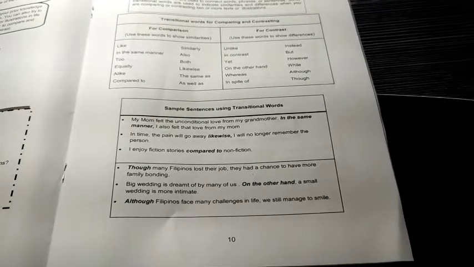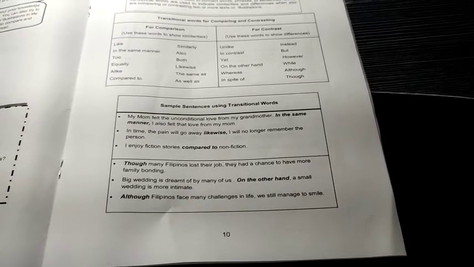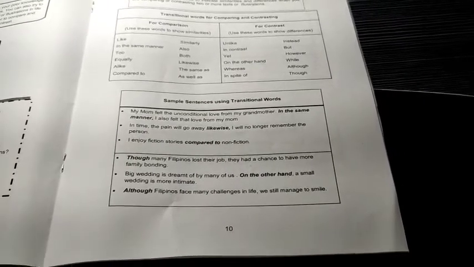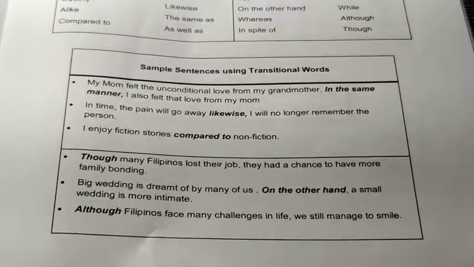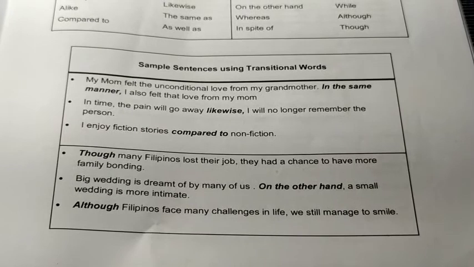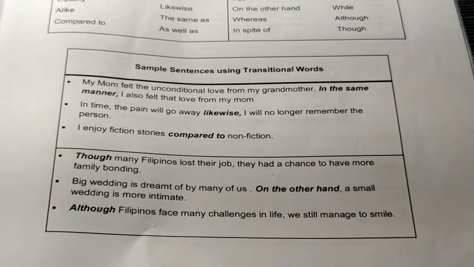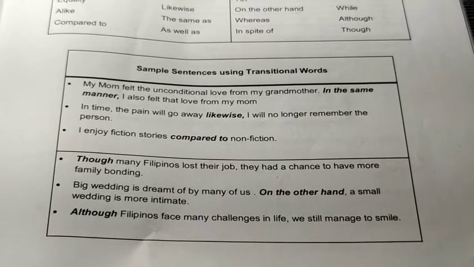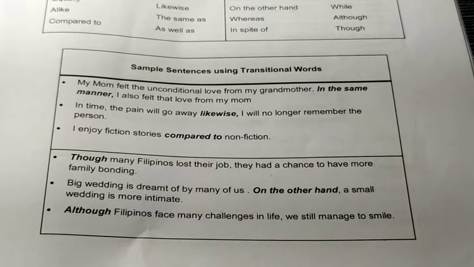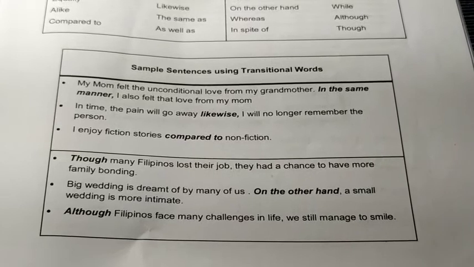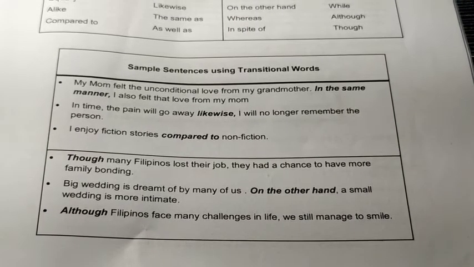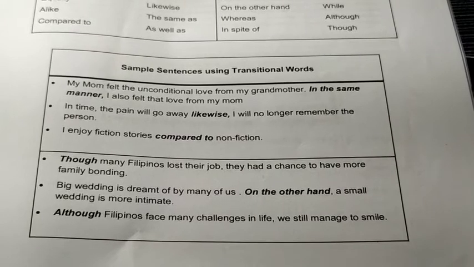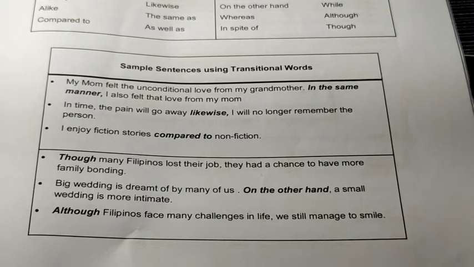So we have here many sample sentences using transitional words. The first one will be for comparison, and then the second row will be for contrast. My mom felt the unconditional love from my grandmother. In the same manner, I also felt the love from my mom. In time, the pain will go away. Likewise, I will no longer remember the person.